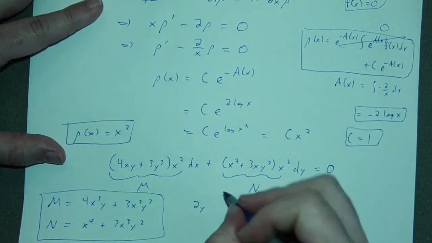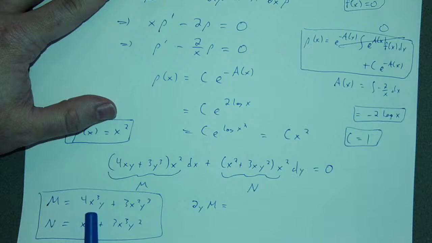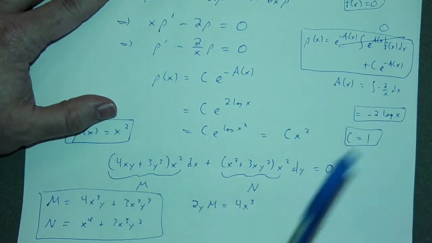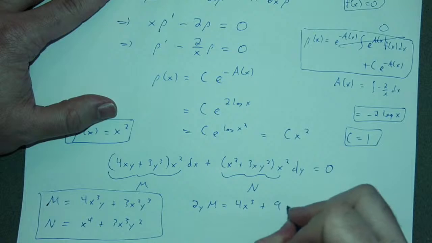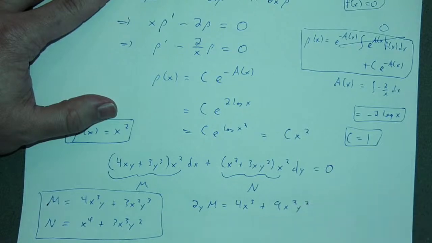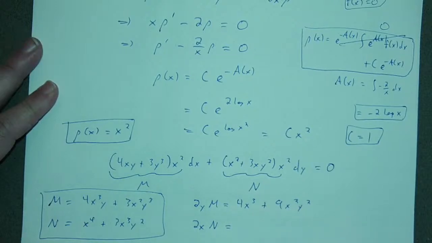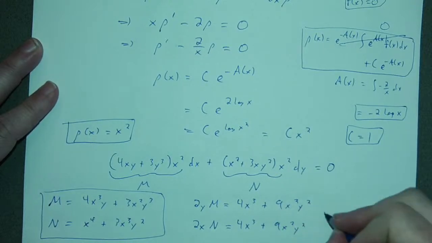What is the y partial of M? Well, this is 4x cubed plus 9x squared y squared. And the x partial of N is 4x cubed plus 9x squared y squared.